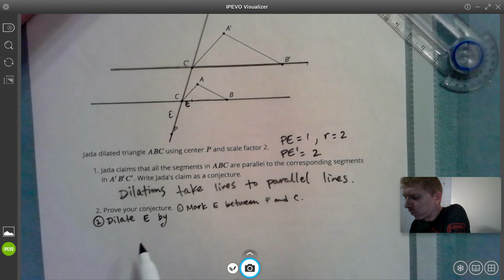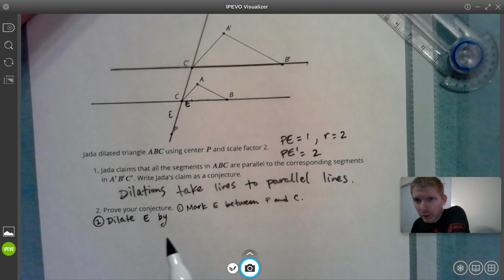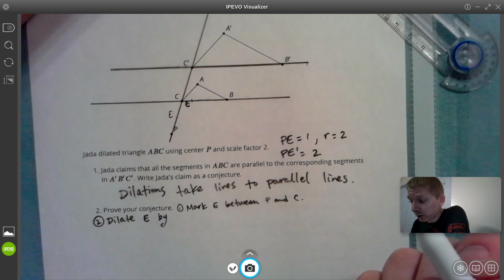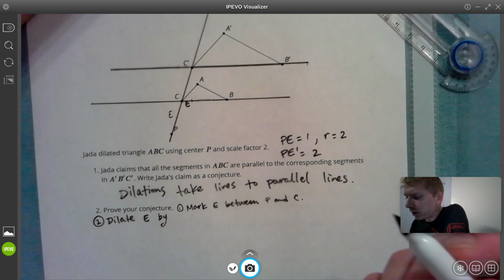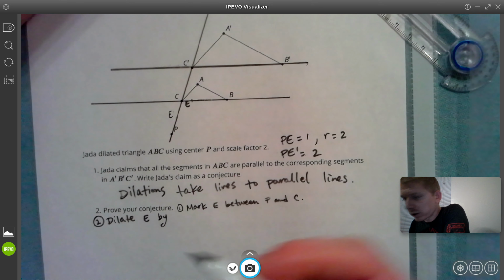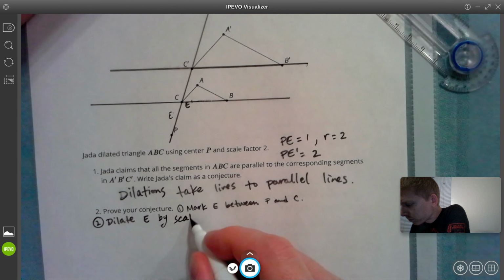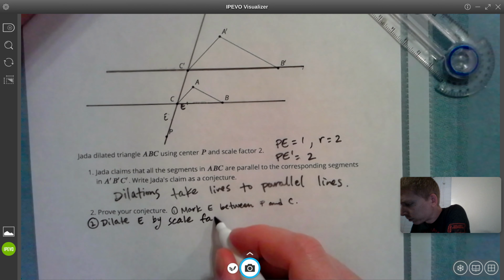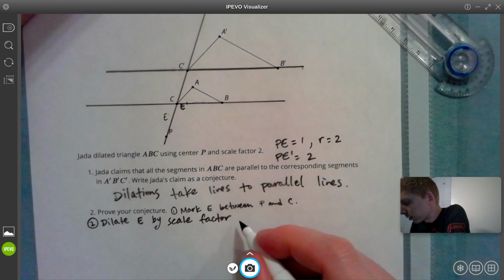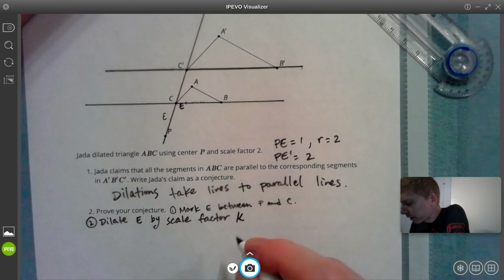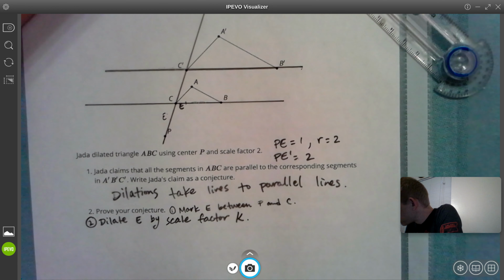We want to write this proof so that no matter what the scale factor is, it always works. So instead of picking a specific number for the scale factor, I'm going to use a variable. So dilate E by scale factor K. I'll just use K for factor. By scale factor K.